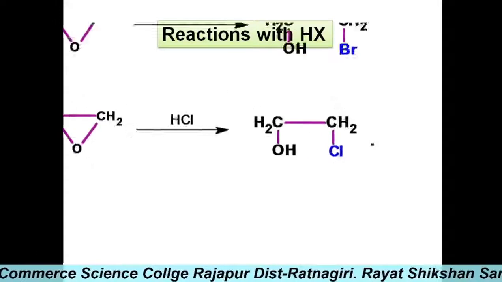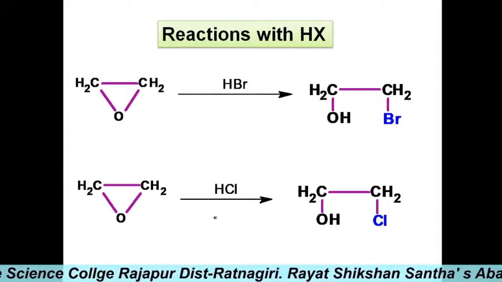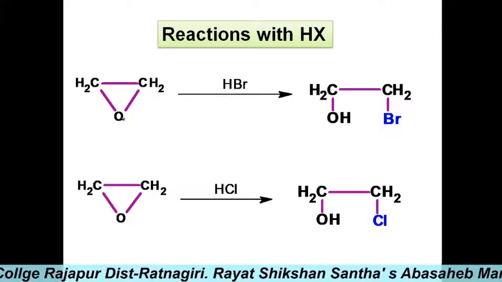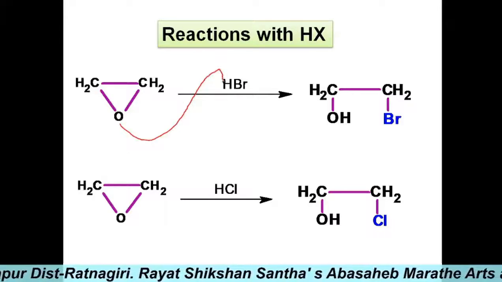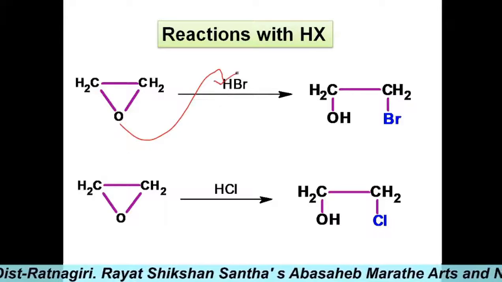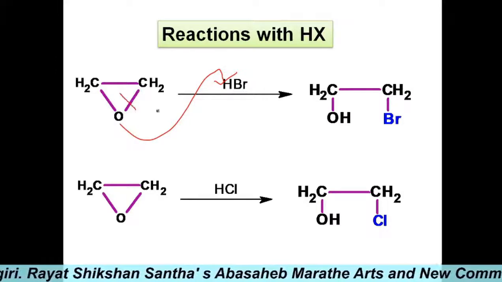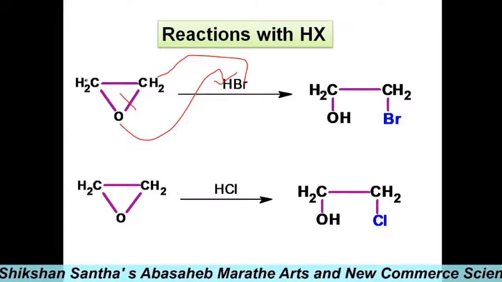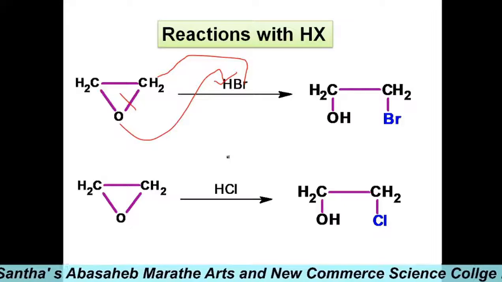Next, reactions with halo acids. With these halo acids, firstly the lone pair of oxygen abstracts the proton, and after protonation, the bromide attacks on that side, breaking this bond and opening the ring. So OH is on one side and bromine on the other.